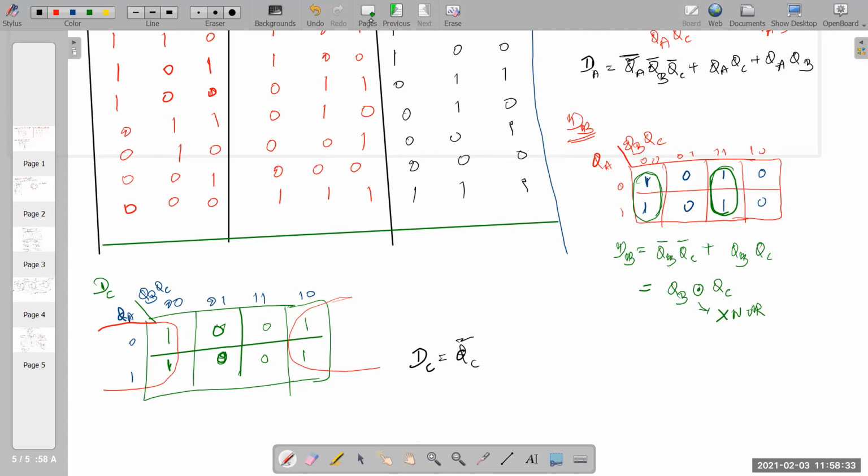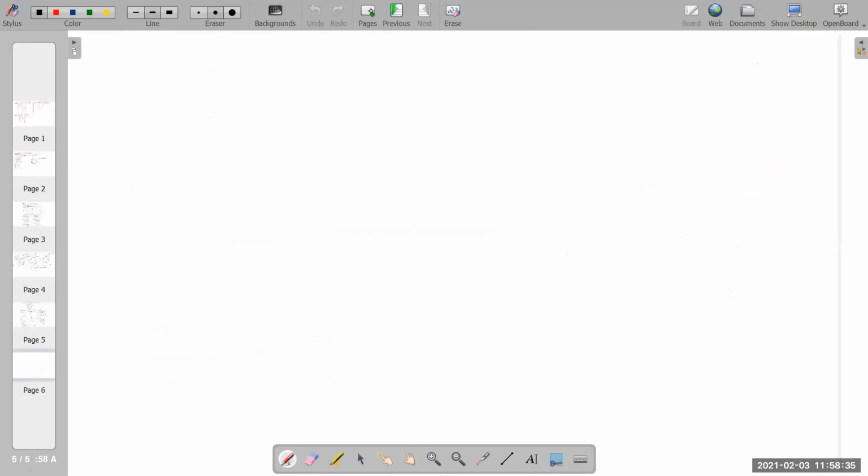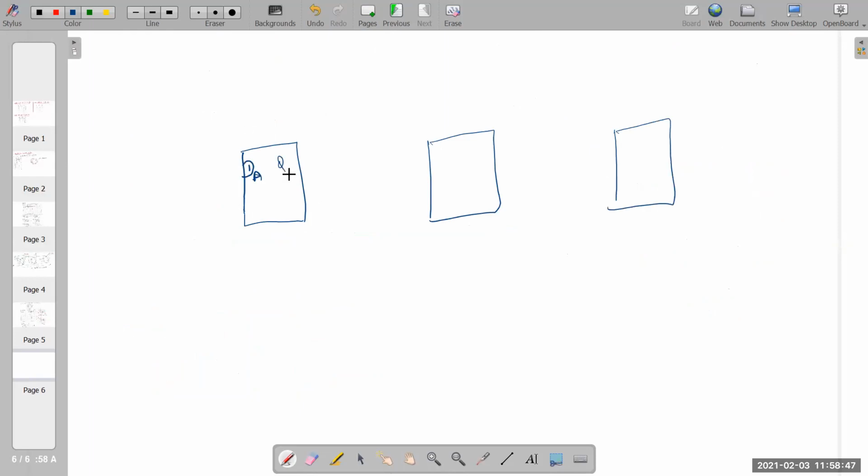Now we can go for the circuit diagram. First develop the skeleton of this flip-flop circuit. 3 flip-flops I'm drawing. Just follow, it's very easy to do. DA, QA, QA bar. DB, QB, QB bar.